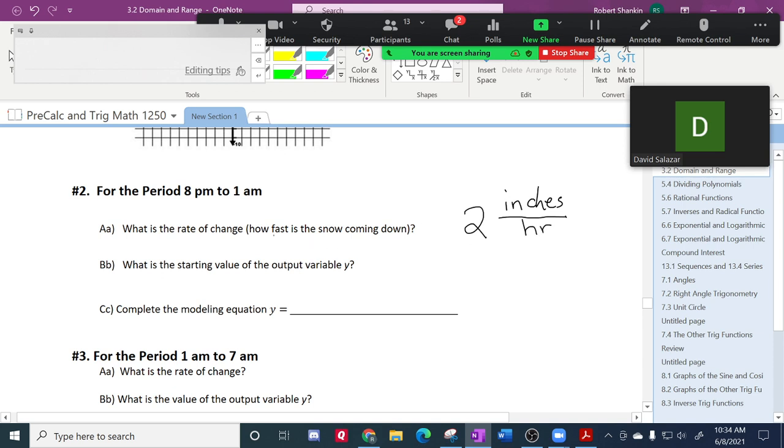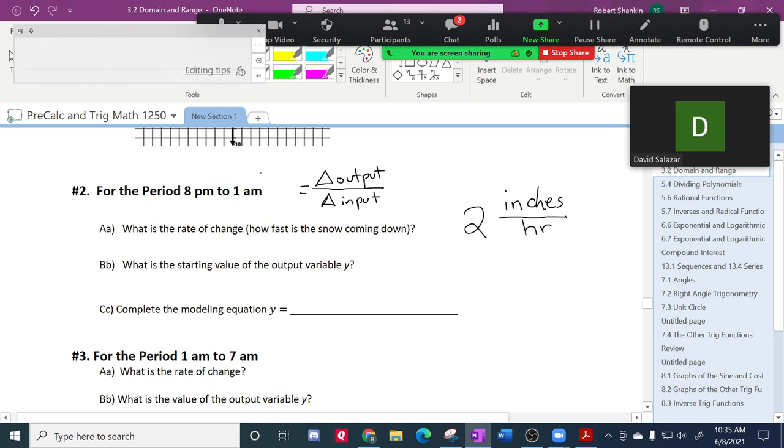Now, whenever we do the rate of change, we use this delta for change in the output over the change in the input. And David, we have a name for this. Do you know the name of this? Delta something, right?